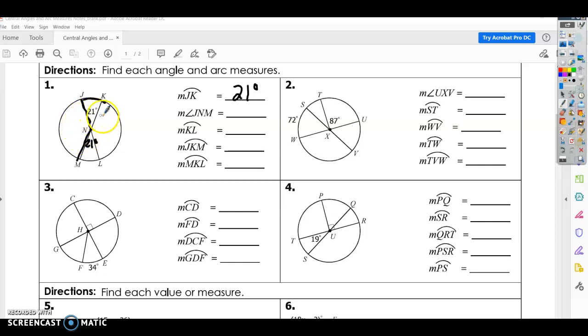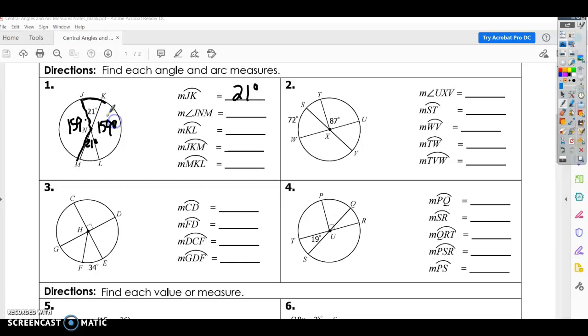Now we know that the entire circle is 360, so we can do 360 minus 21 and then minus 21 again, which is 42. So 360 minus 42, and then half that, because this angle and this angle are also congruent. So this angle would be 159 and this angle would be 159.